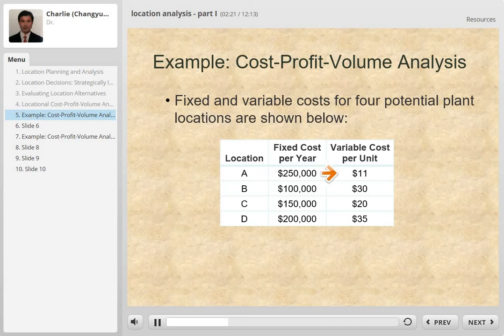Variable cost per unit is $11. That means every time we make 1 unit, the cost is $11. Make 1 unit or 1,000 units, or however many under the capacity, either way, upfront we have to pay $250,000.